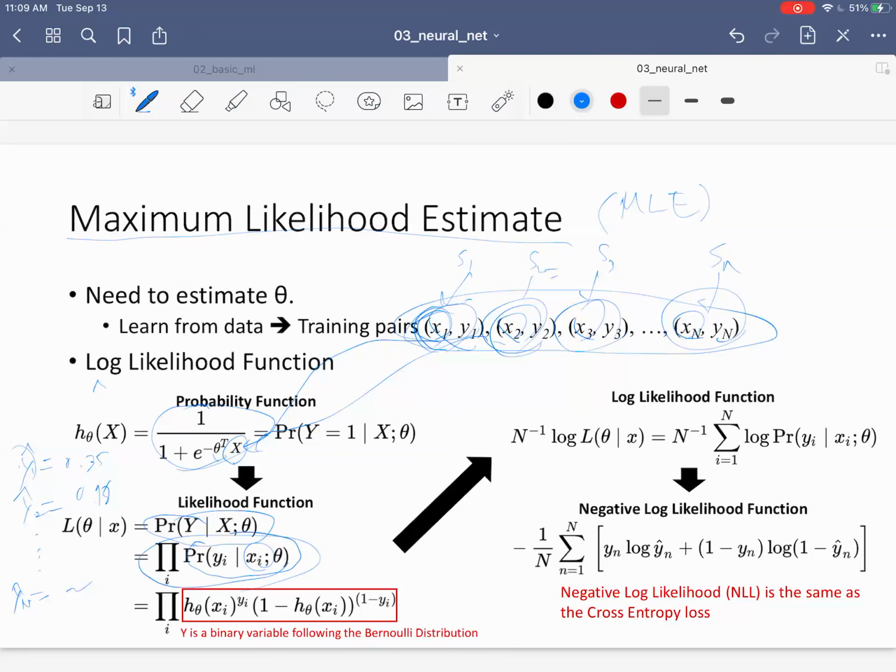So here, this is basically h theta xi. So you're multiplying 1 over 1 plus e to the minus theta transpose x1, times 1 over 1 plus e to the minus theta transpose x2, times 1 over 1 plus e to the minus theta transpose x3, all the way until xn. And yeah, that's basically it.